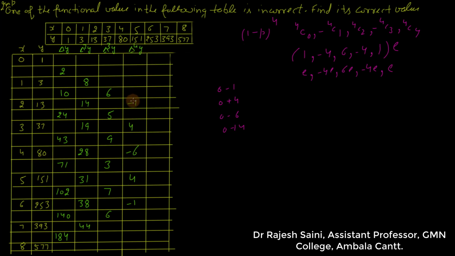I can guarantee you that this column will become 0 once you correct the value. So this is signaling us that the terms over here are appearing only because there is an error. Otherwise there would have been 0, 0 and this would have turned out to be a 0 column.